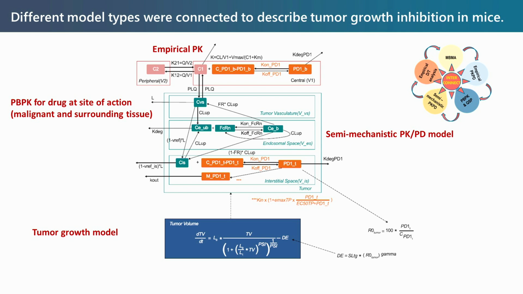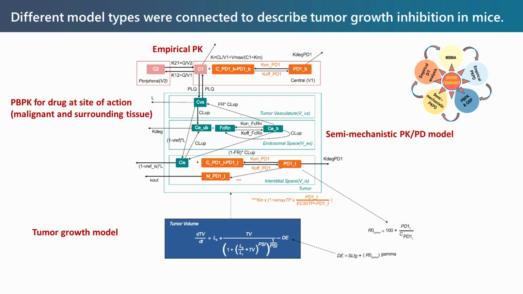There was an empirical PK model for plasma pembrolizumab concentrations shown at the very top, which was a compartmental model describing the distribution and elimination of pembrolizumab as well as reversible binding to the PD-1 target.